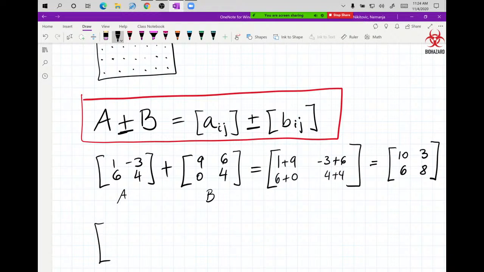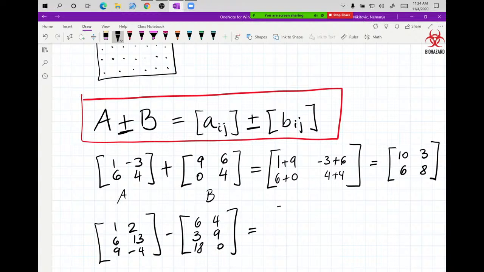Now they have to be the same size. So 1, 2, 6, 13, 9, and I don't know, -4, minus, let's go 6, 4, 3, 18, it doesn't matter, just put whatever, and 0 here, there you go. And now you will subtract. So notice how the size of the matrix stays the same. We started with 2 by 2 matrices, we got a 2 by 2 matrix.